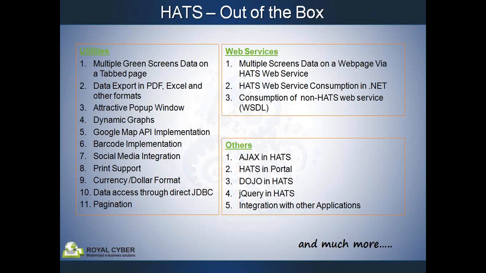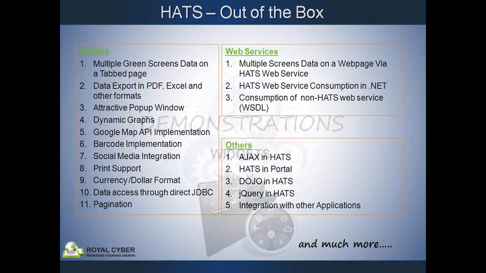In the other section, we will discuss AJAX portals, Dojo, jQuery in HATS, and enabling HATS to integrate with other applications. There are so many other things that we can also cover, but again, as I mentioned earlier, in a platform like a webinar, we are always short of time, so we have selected the most important ones.